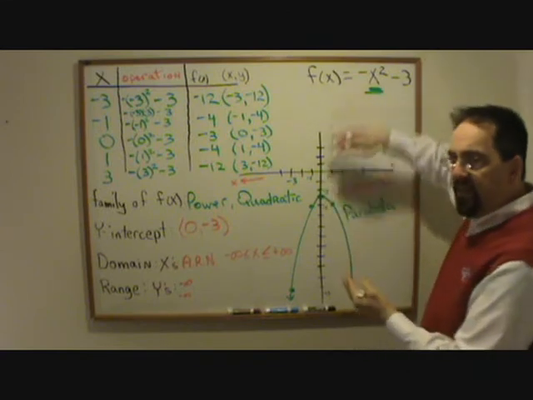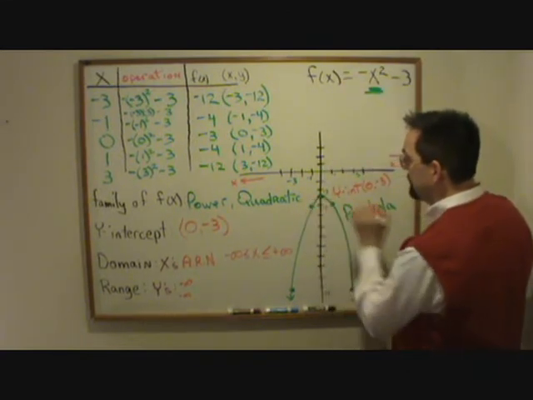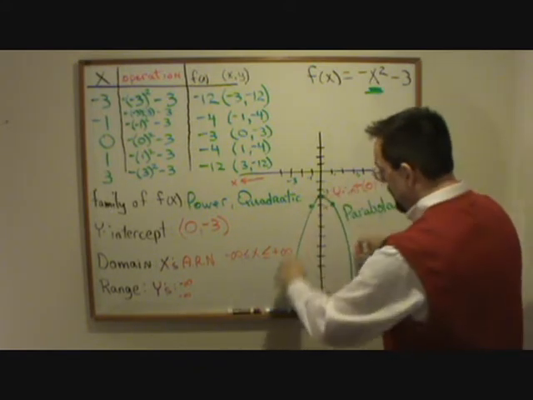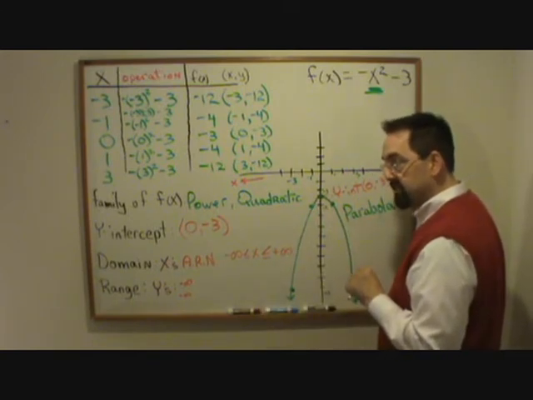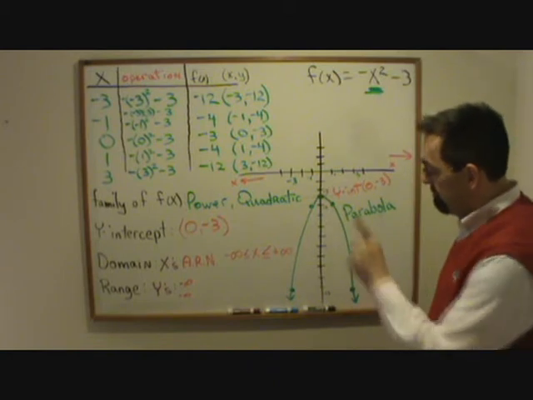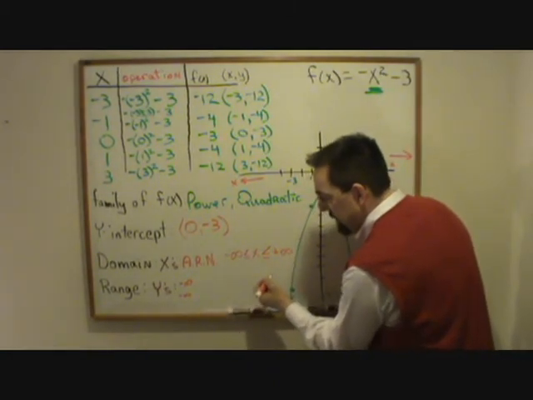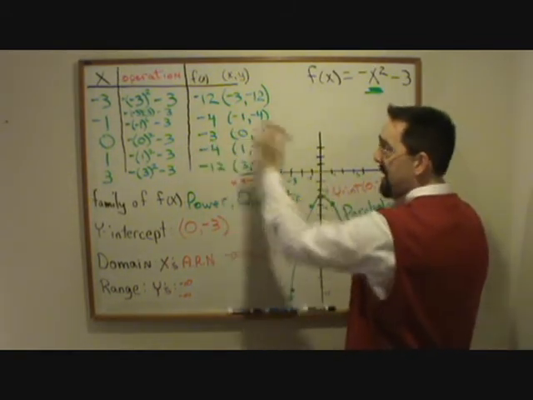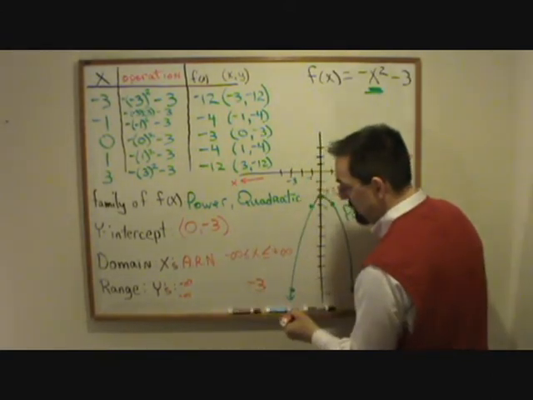I don't ever get anything up here though. Let's put a little dotted line right here. Something happens at minus 3. I get values that are always less than minus 3, and I get minus 3. So the biggest number I get, the biggest number that I can possibly get as an output is minus 3.